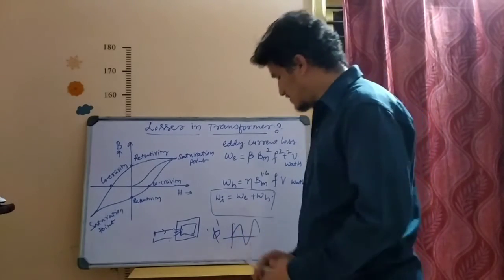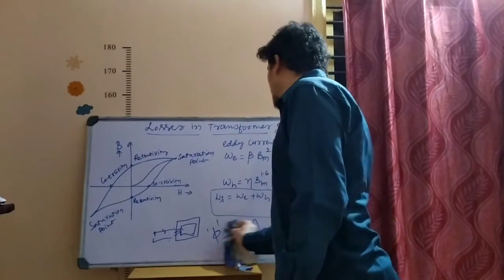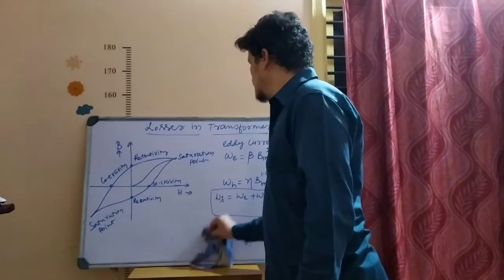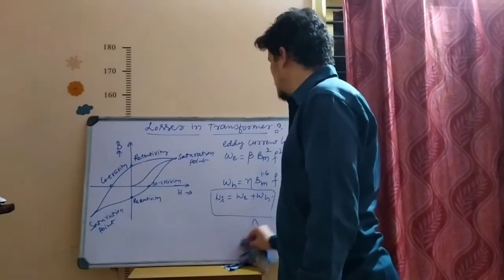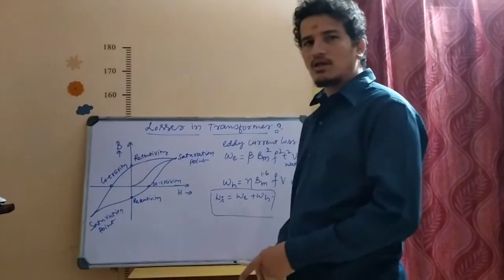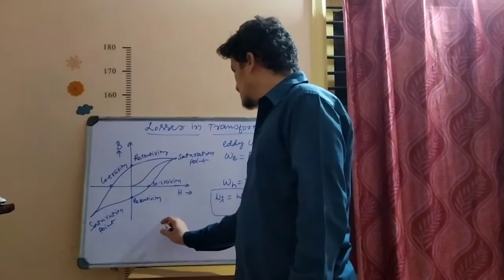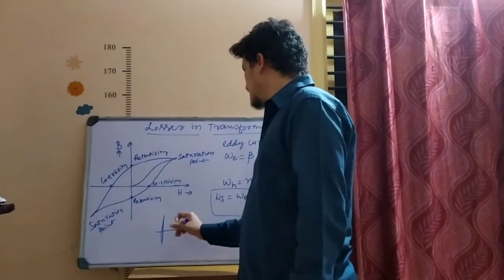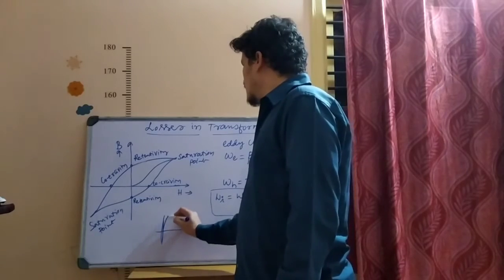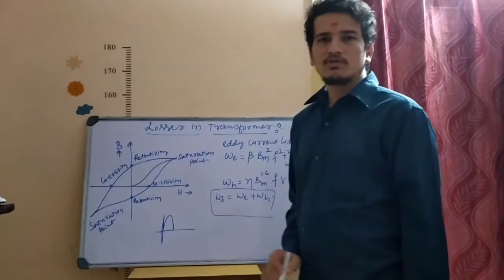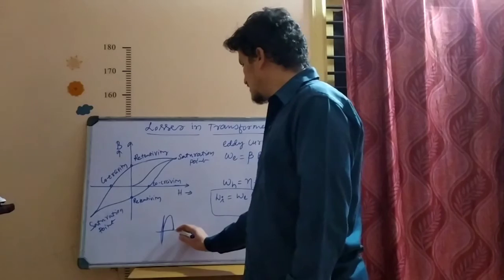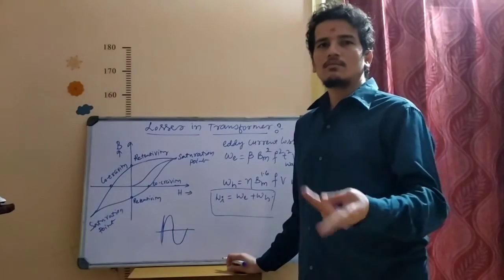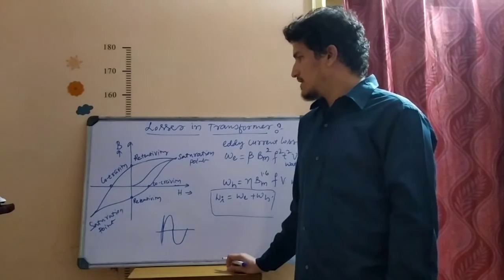So when this alternating flux is subjected to a magnetic core, what will happen? This magnetic core is magnetized. This core is magnetized in one half cycle with one polarity, and in another half cycle it again changes its polarity.